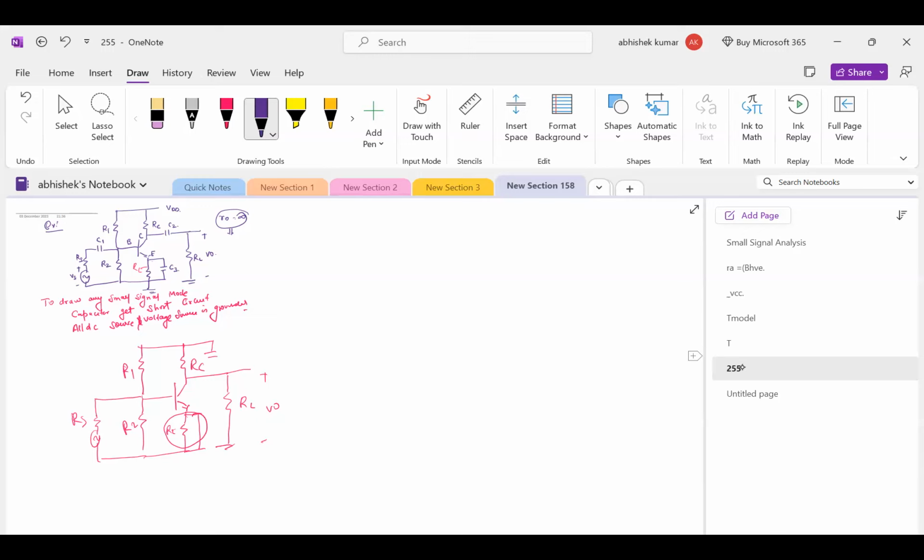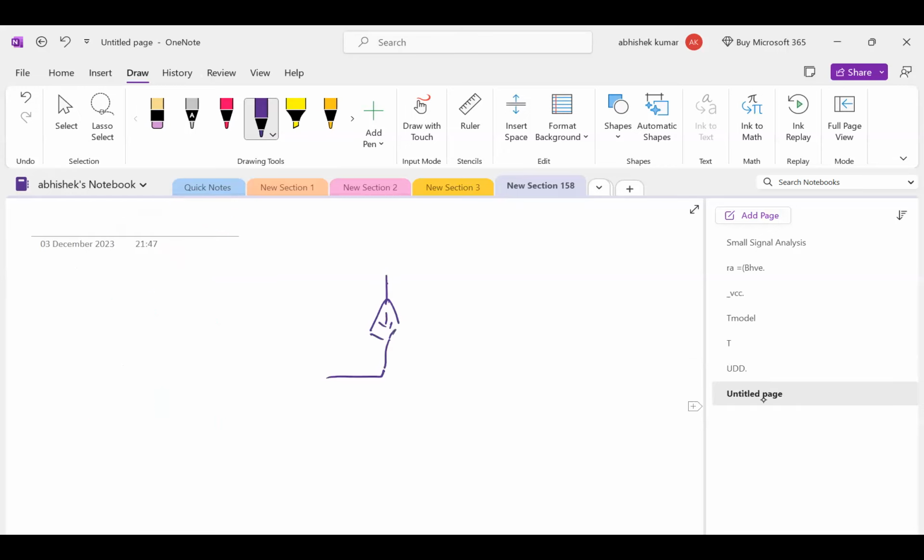The advantage of this capacitor is that it is not decreasing the gain. When I do the analysis, you will come to know that the circuit without the capacitor and the circuit with the capacitor have different voltage gains. The circuit without the capacitor will have lesser voltage gain, and the circuit with the capacitor will have more voltage gain. Fair enough, sir. That is the difference in the concept.